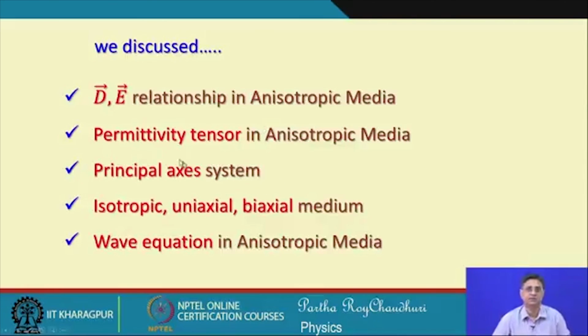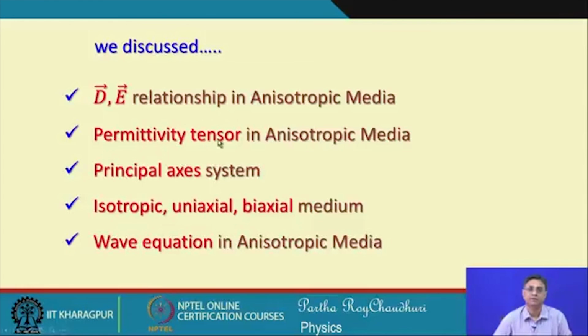In this section, what we have discussed is the relation between the displacement field and the electric field, their connection in terms of direction and also in terms of magnitude, which is connected by the permittivity values. Then we discussed the permittivity tensor for the anisotropic medium.